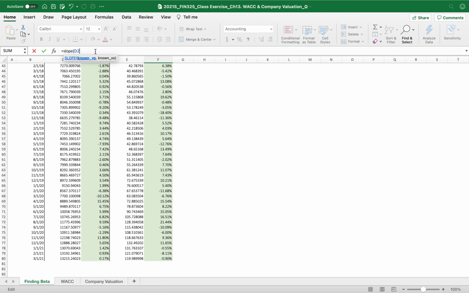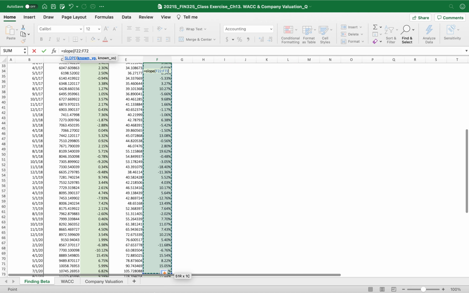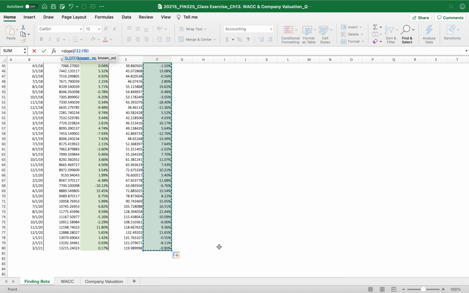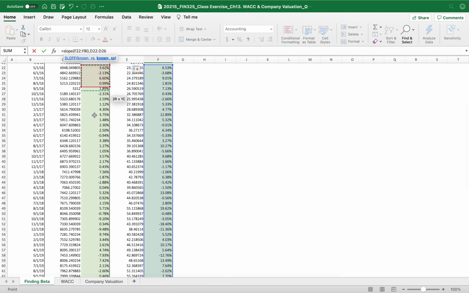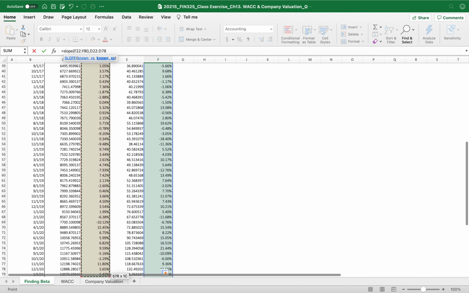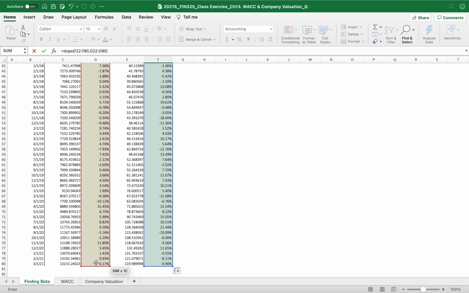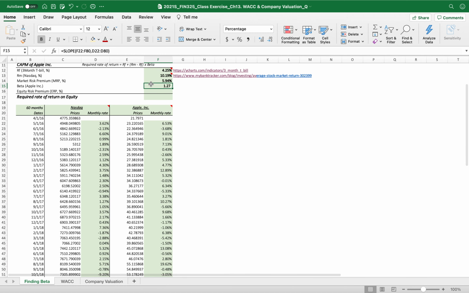I should have started again with the y-axis first, which is our objective, comma, and then the x-axis, which is the market. Then we got 1.27.